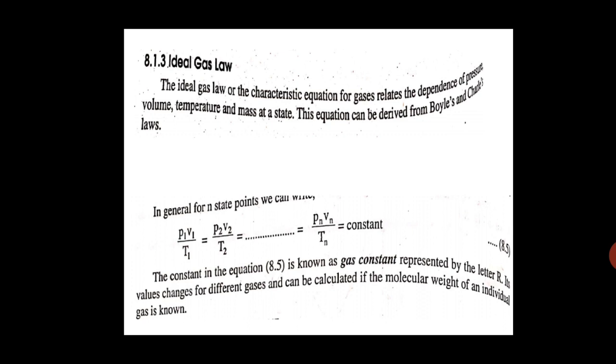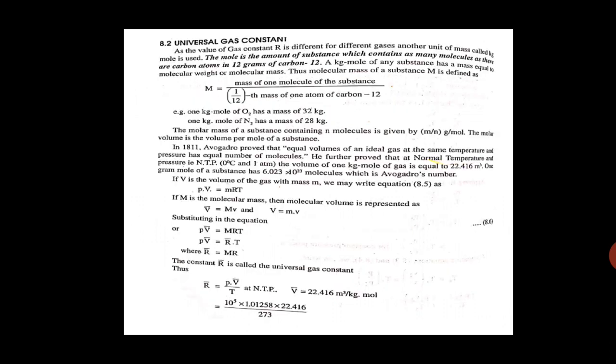There is one more constant known as the universal gas constant, which we will write as R bar, that is standard for all gases. But here we are discussing only the gas constant, which is different for different gases.